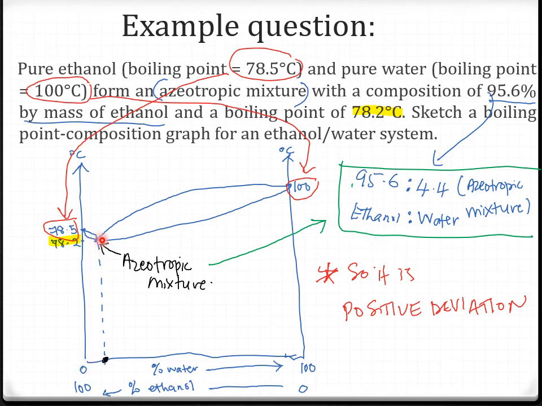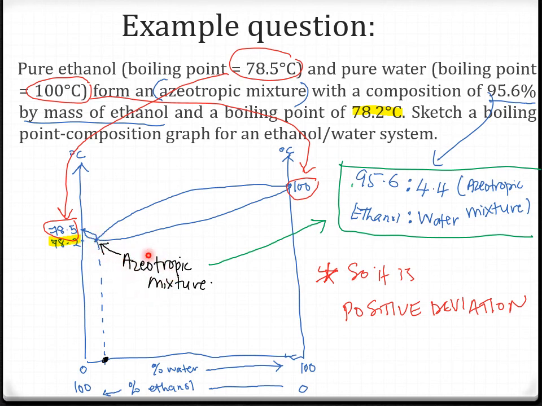From the question, there is an azeotropic mixture with a composition of 95.6% ethanol. So meaning that at 95.6% ethanol, there is a boiling point of 78.2 degrees Celsius indicating the azeotropic mixture.